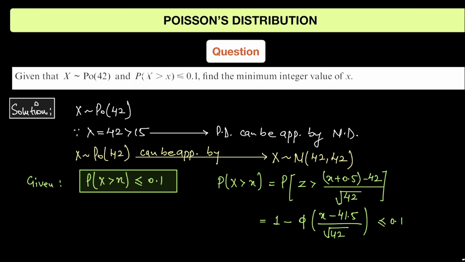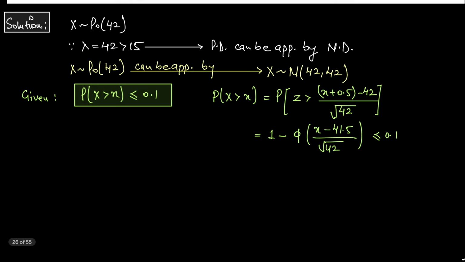Okay, so when we solve it further, we write it as phi of (x - 41.5) divided by root 42 is greater than or equal to 0.9, because the 1 has moved to the other side. Phi will move to the other side, so it becomes phi inverse.